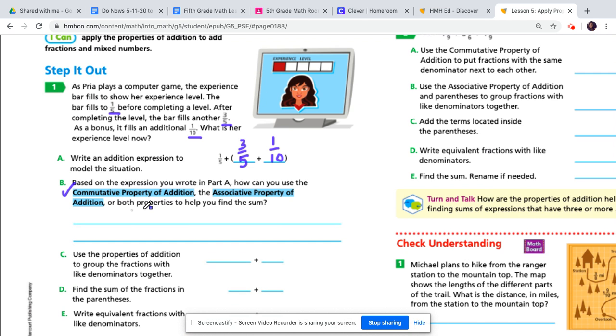I can use the associative property, so I'm going to write down AP, because I can group the 1/5 and the 3/5. The way you would do that is just by putting the parentheses. And that's going to be part C, and that's what part C wants me to do.